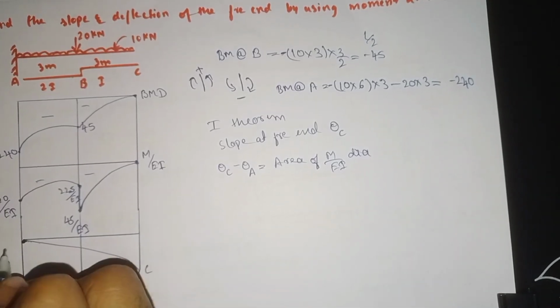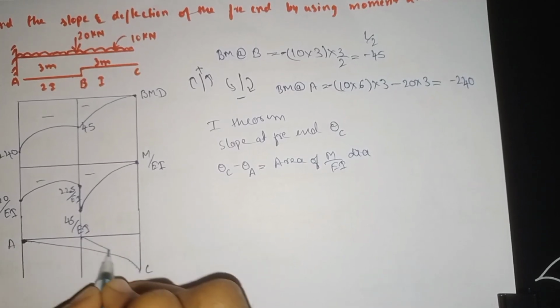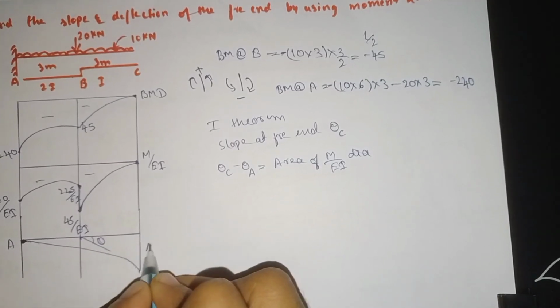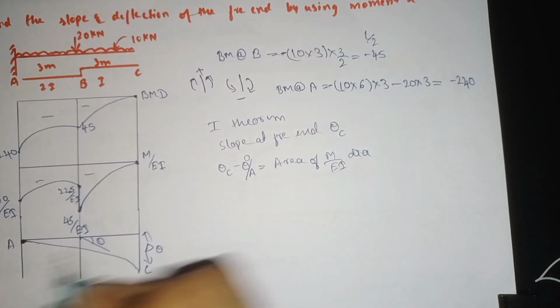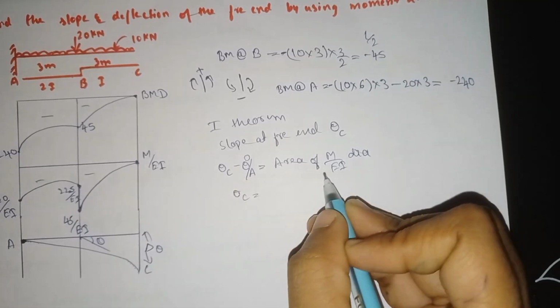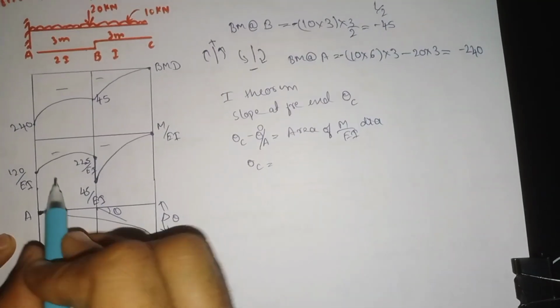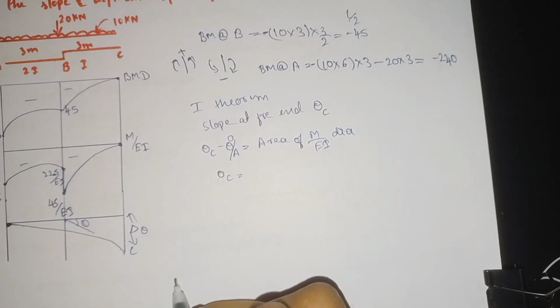This is point C, this is point A. At the fixed end our slope and deflection value becomes 0. That's why here our theta A value becomes 0, because at point A the slope is 0, only theta C will come. So now, I will draw this diagram here only.